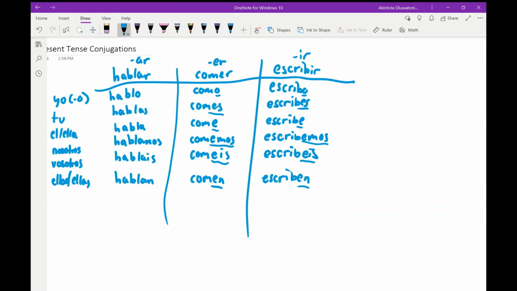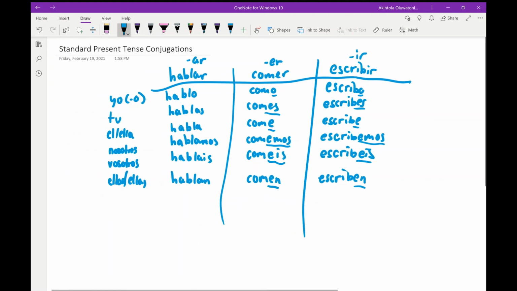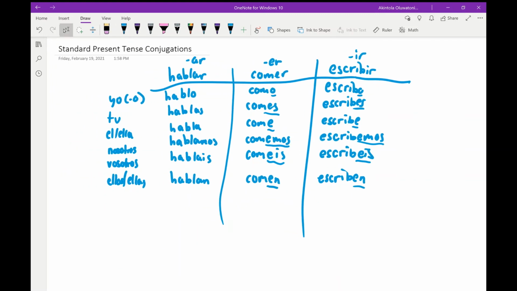So it's a good thing to really catch on to the different patterns that you see. Identifying those patterns and being able to recognize them when you see them is a key part of being able to interpret Spanish and then in turn being able to speak it.